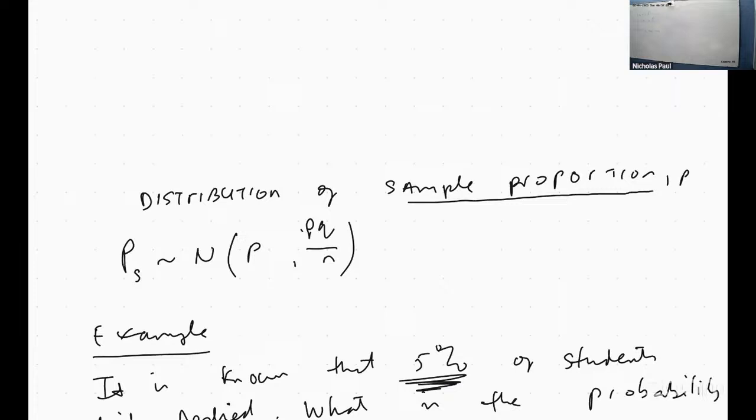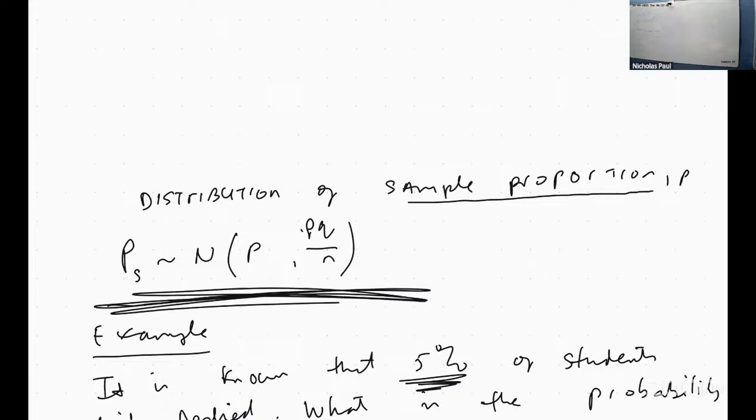Instead of having mean and standard deviation, you end up with this. Remember to use this for your sample distribution. When it is a distribution of sample proportion, you're using that. When it is a sample distribution of means, you are using this.